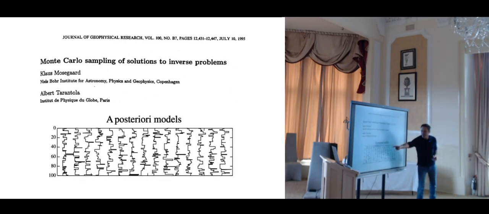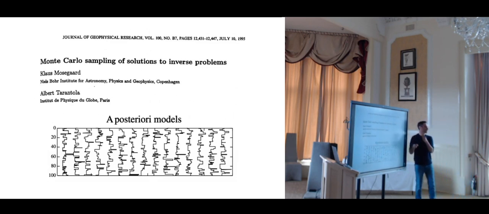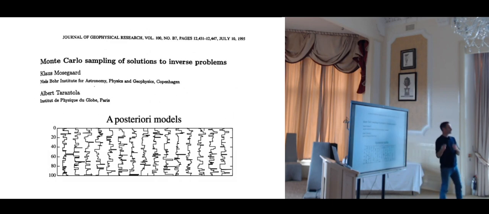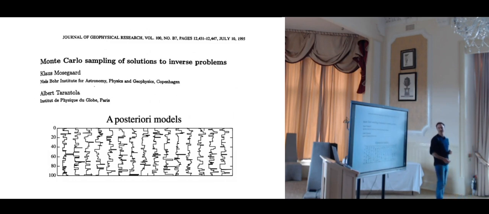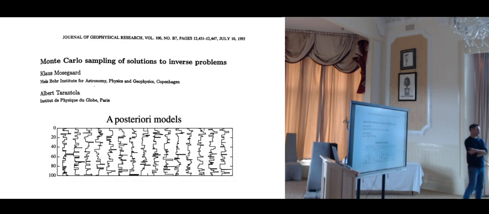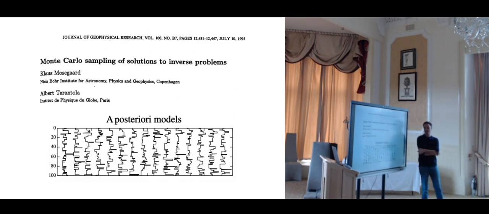They were sampling with a Markov chain Monte Carlo algorithm, sampling a lot of different models, and in the sampling process they were adding layers and removing layers. So the number of layers was a variable. The number of unknowns in the problem was a variable. So in '95, Klaus and Albert were already addressing this issue, and all the work that we've been doing comes from this.